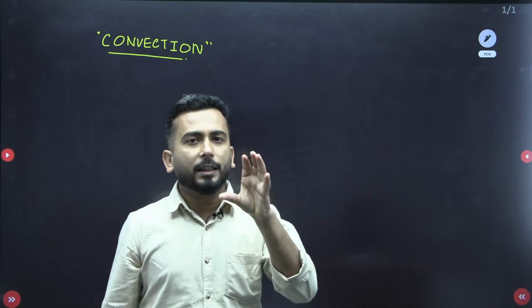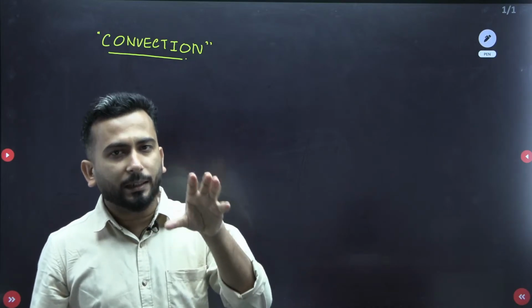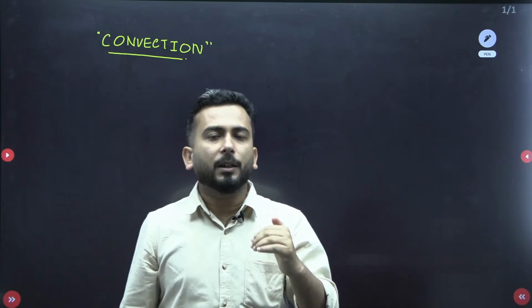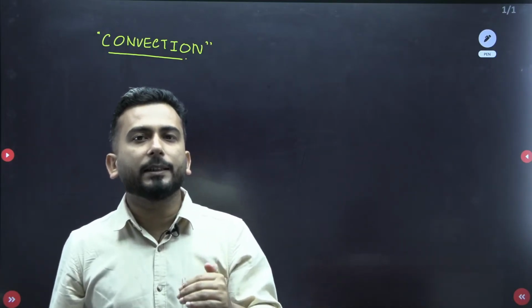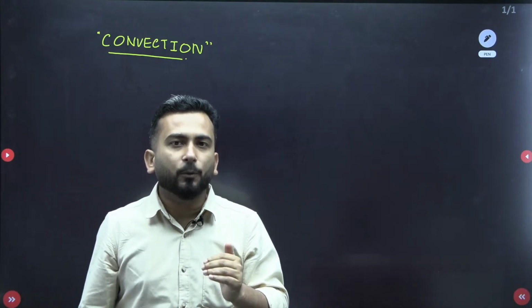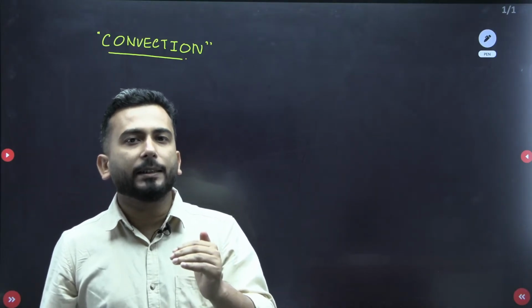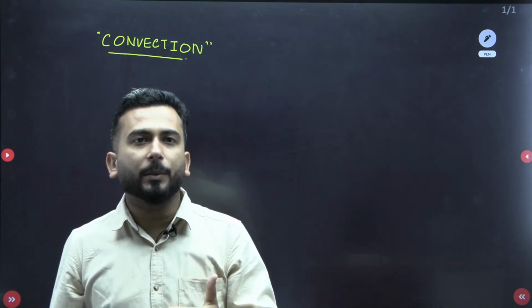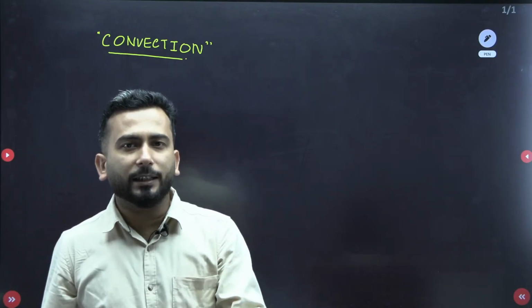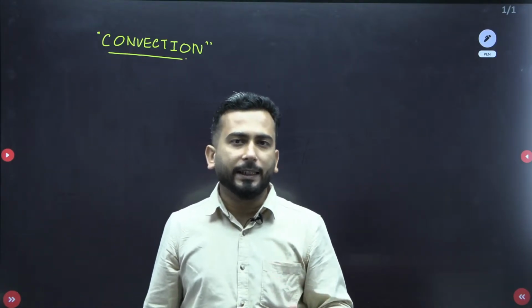Majorly we study conduction in solids, but the requirement for conduction is a stationary medium. I repeat, the requirement for conduction to take place is the presence of a stationary medium. So, solids are stationary, so conduction very easily takes place.